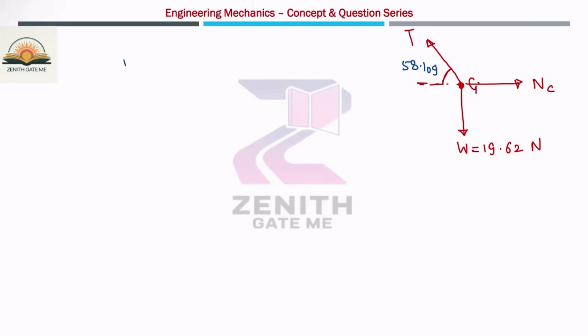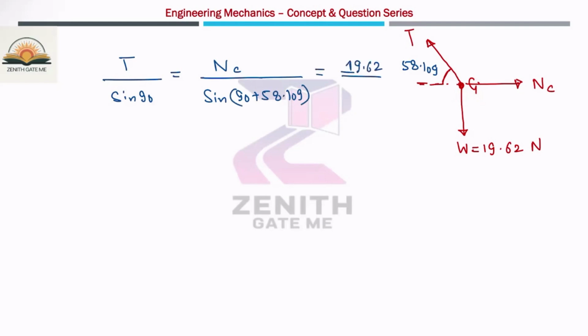Now I can use Lami's theorem. T divided by sine of 90 degree, because NC and W are making an angle of 90 degree, equals NC divided by sine of 90 plus 58.109, equals 19.62, the weight of this ring, divided by sine of 180 minus 58.109.